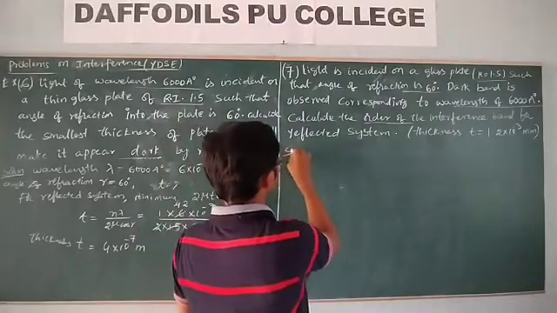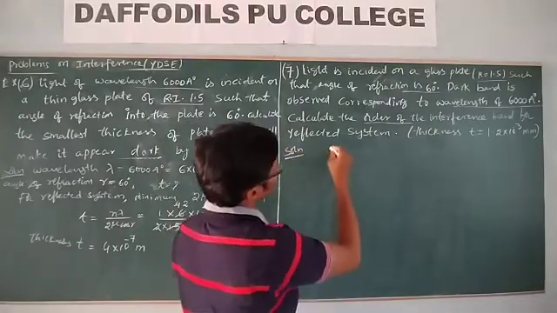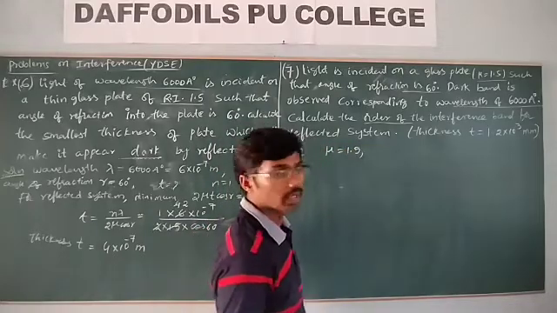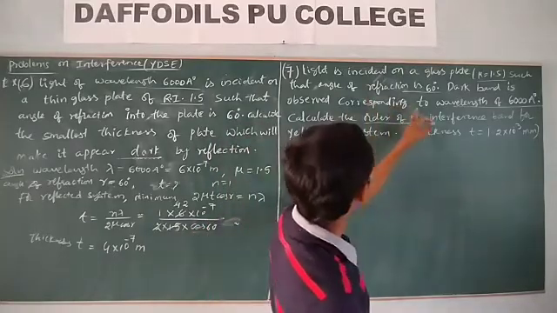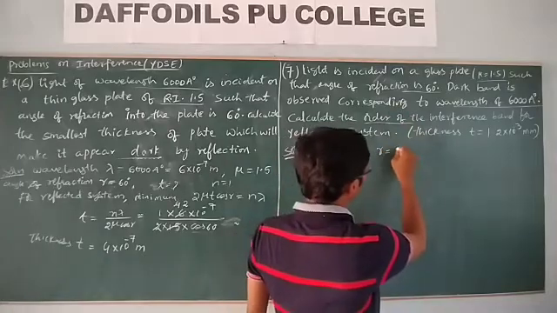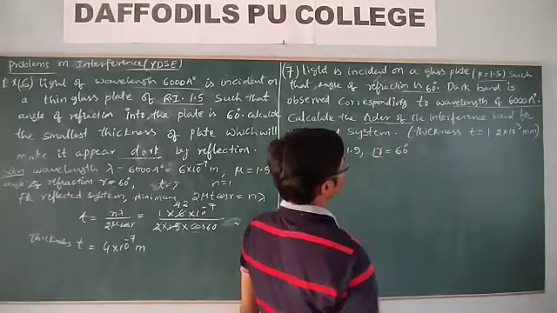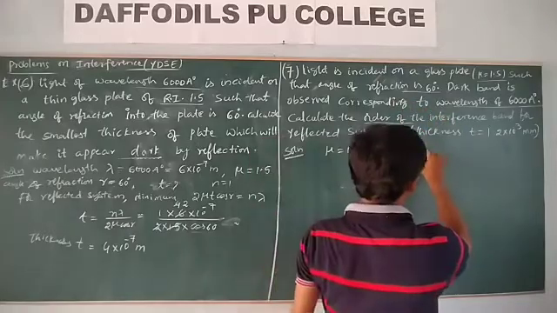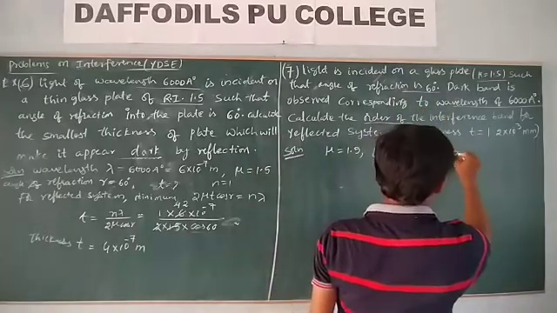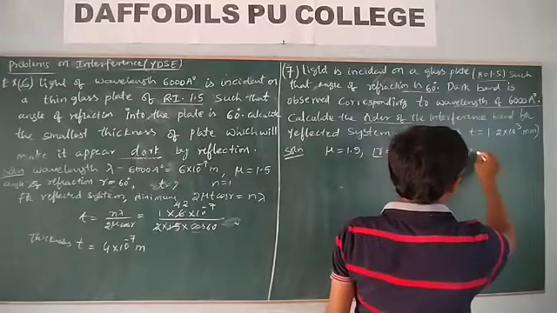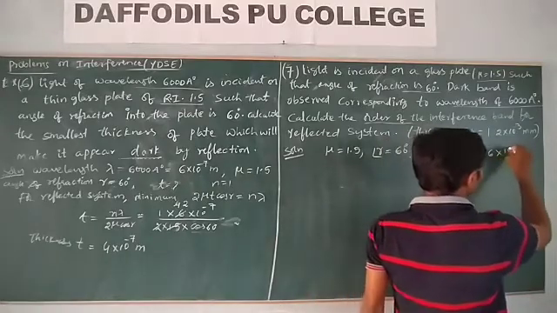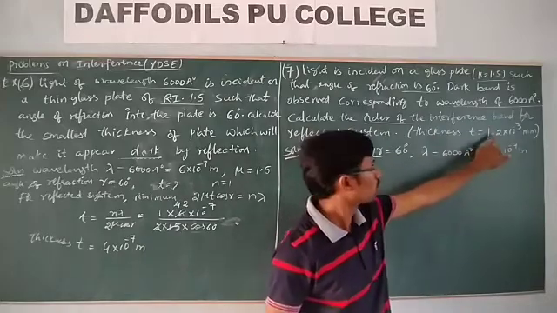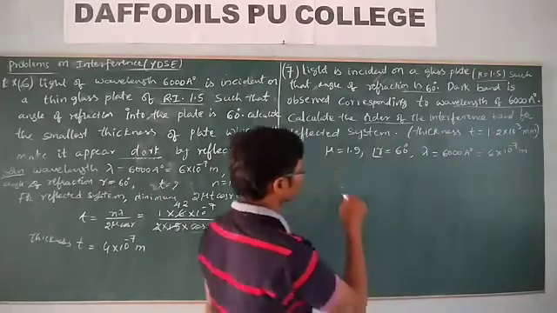Again write the given information. Mu is equal to 1.5 and the angle of refraction is 60 degree. The dark band is observed corresponding to wavelength 6000 angstrom, which is equal to 6 into 10 power minus 7 meter, and the T value is 1.2 into 10 power minus 3 millimeter.